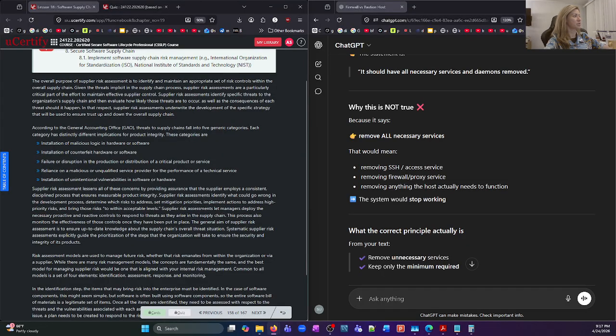Installation of malicious logic in hardware or software, installation of counterfeit hardware or software, failure or disruption in the production or distribution of critical product or service, reliance on a malicious or unqualified service provider for the performance of a technical service, installation of unintentional vulnerabilities in software or hardware.